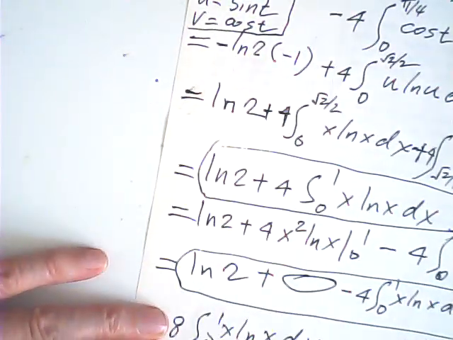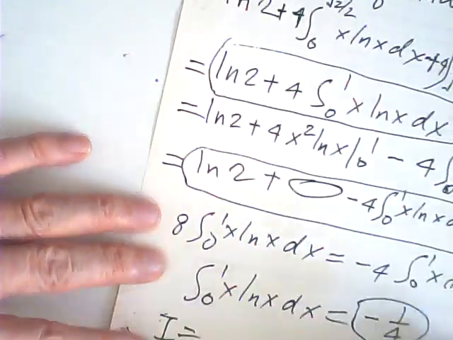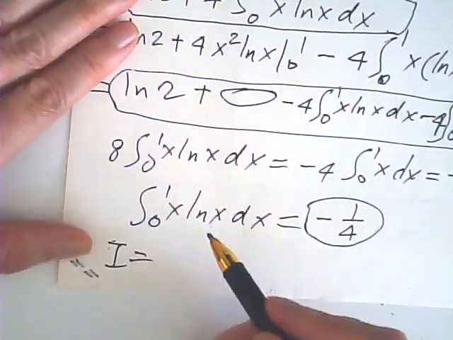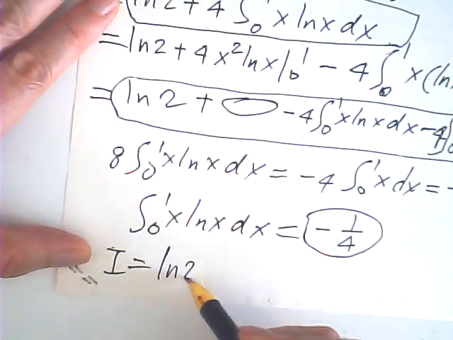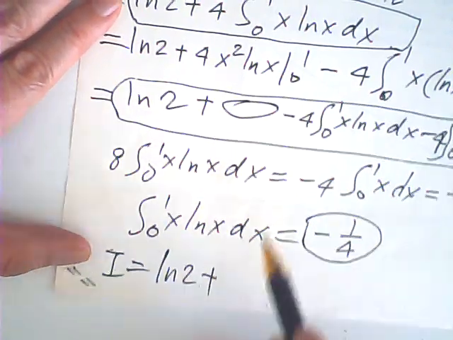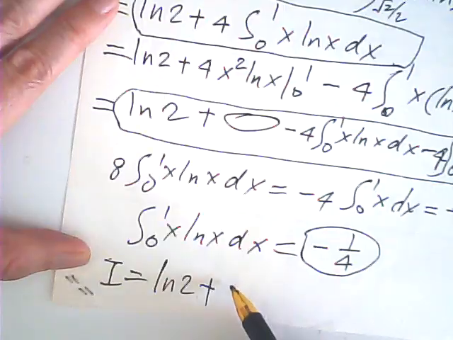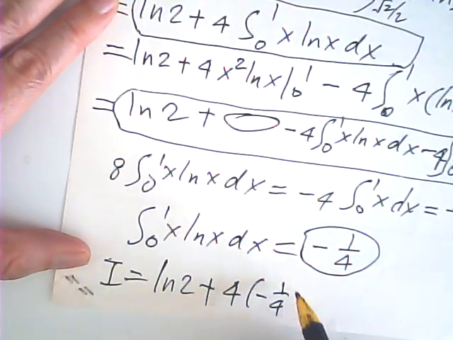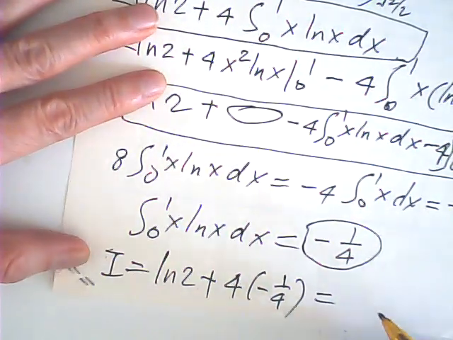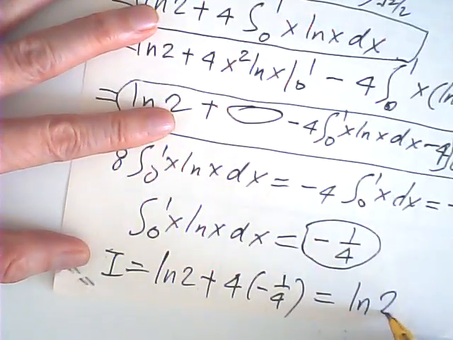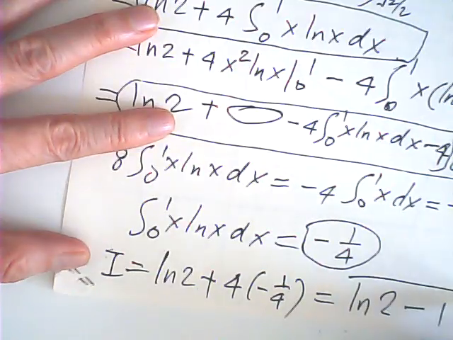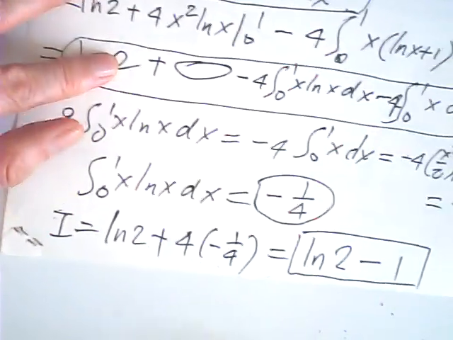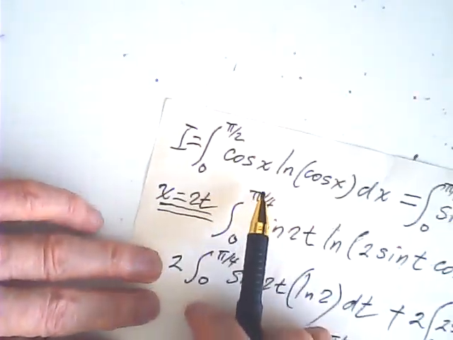I is equal to log 2 plus 4 times this, right? 4 times this. So finally, the answer is this. This is my value for this definite integral.